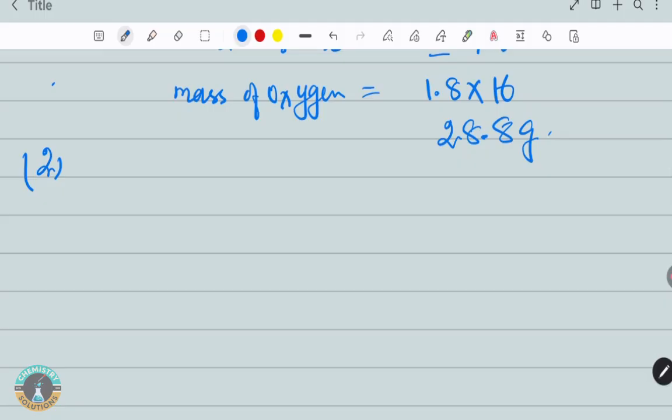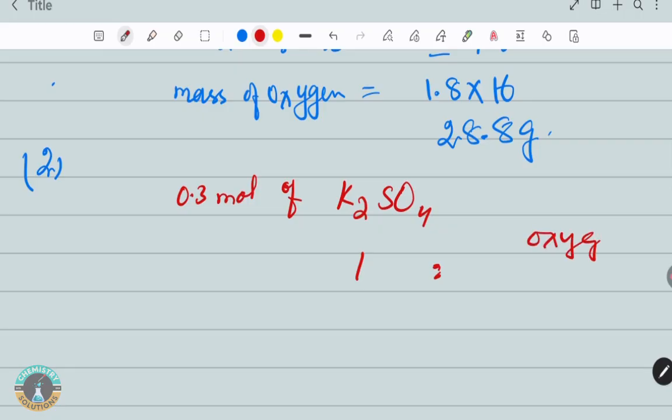For the second part, we calculate the mass of oxygen for 0.3 mole of potassium sulfate. In 1 mole of potassium sulfate there are 4 oxygen atoms. 0.3 multiplied by 4 is 1.2 mole of oxygen.